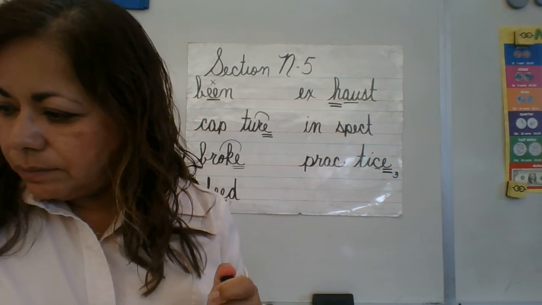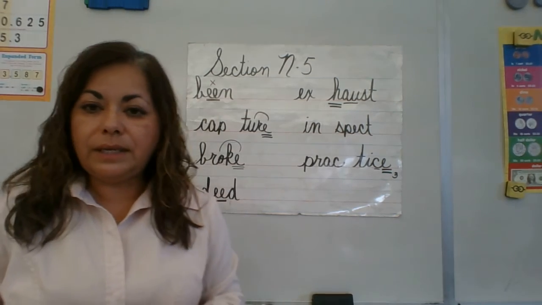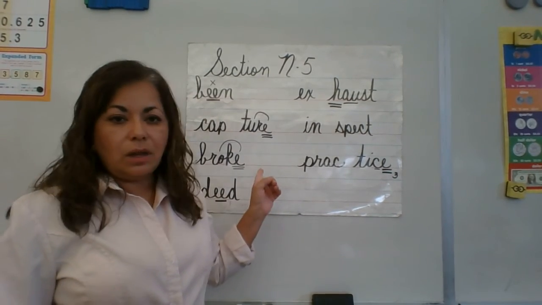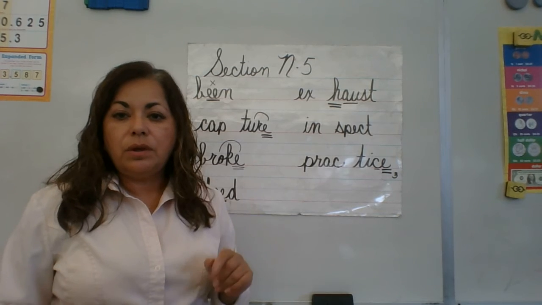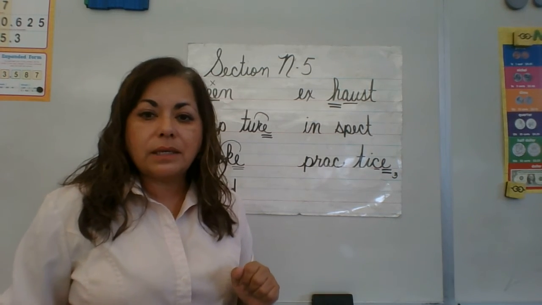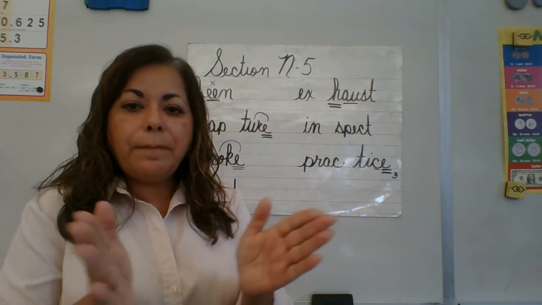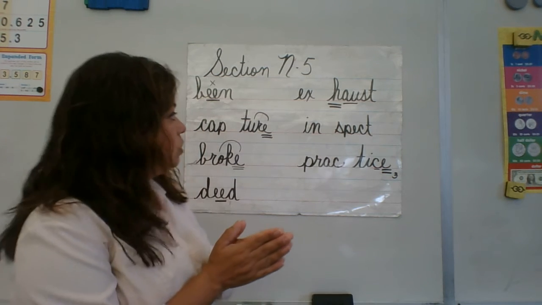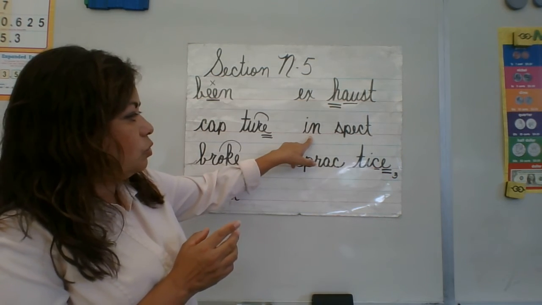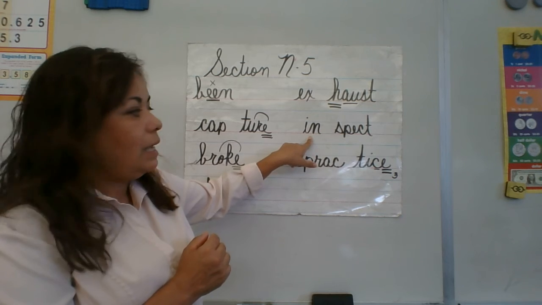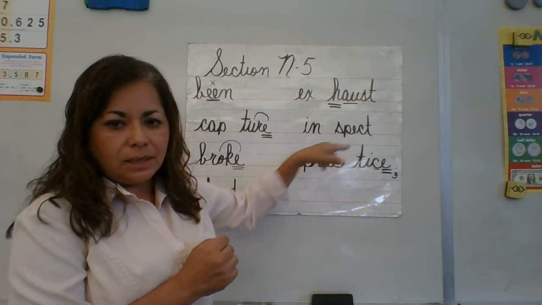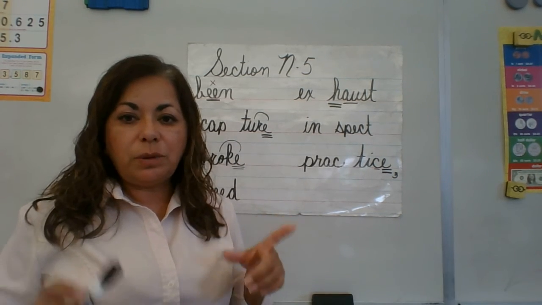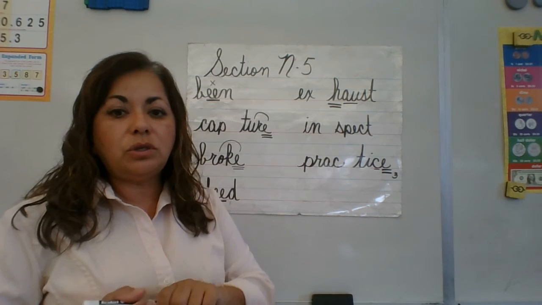Number 8. Listen carefully because it's going to sound a lot like one of the words I've already given you. The word is expect. Expect. It sounds really close to inspect, so when I give this to you on the spelling test, you need to pay close attention to which word I'm giving you.